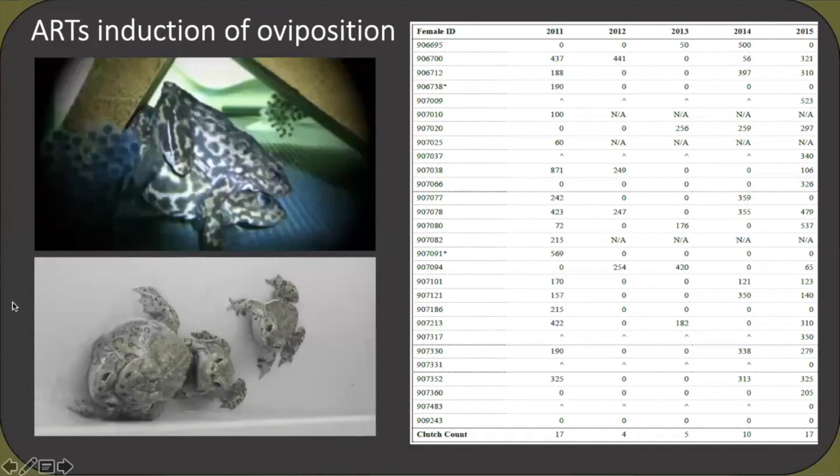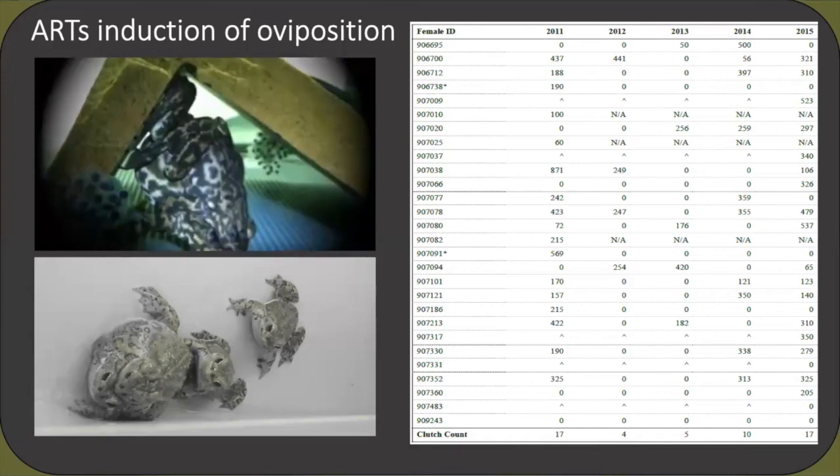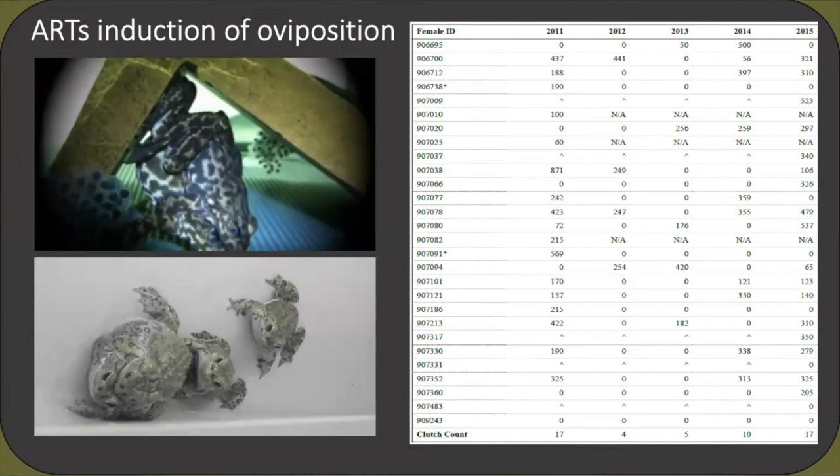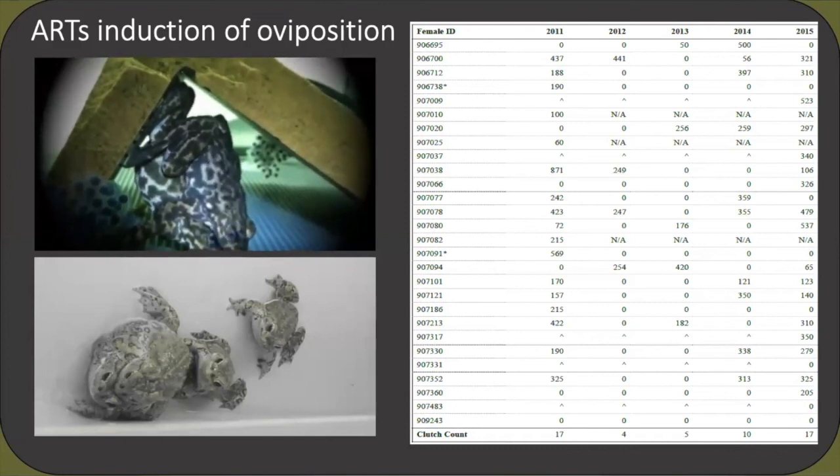So just to give you an idea, there's a little video up here on the left. This is that pair that was featured in a photograph up the top as well. It shows some of the behavior of the female right there as she's begun laying eggs. You can see the male squeezing her and moving around.